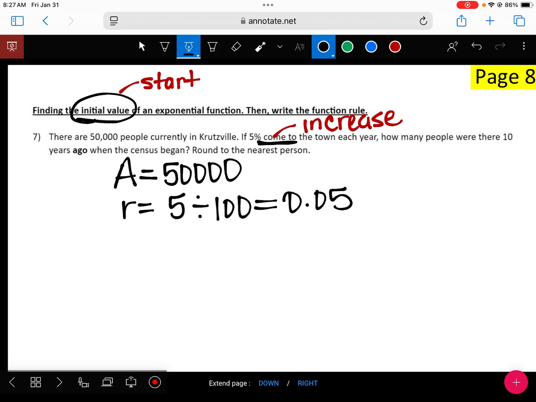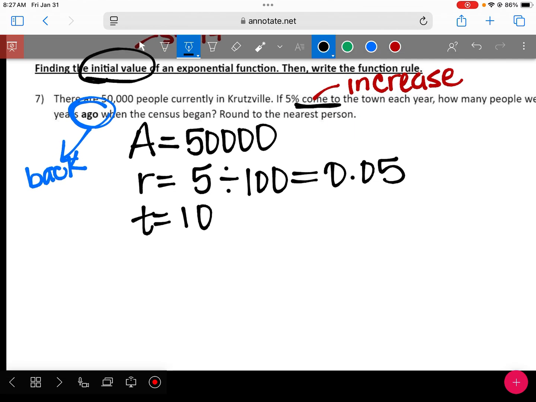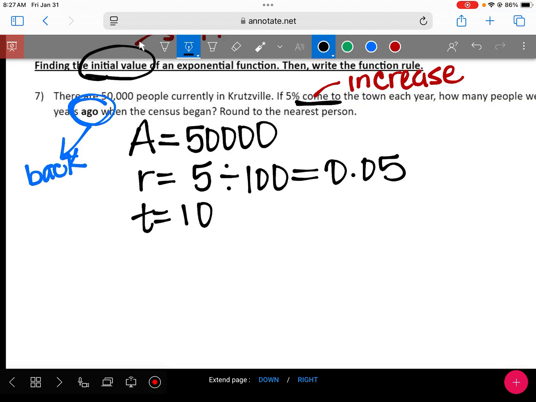How many people were there 10 years ago? So when it says ago, this is how I know I'm going back in time. I need to go back to the start. That's what it's asking me to find. So what does T equal? So Daniela, what do you think T is equal to? How many years are we talking about? 10 years, good. And we need to find P, so let's go ahead and do that.